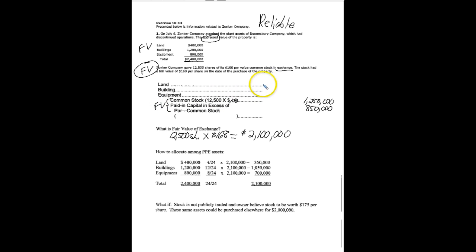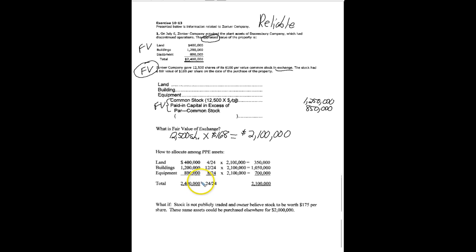Now, the second part of this problem is actually a different accounting issue. We have to take this $2,100,000 and divvy it out among these three assets. How do we do that? We use the appraisal value listed down here and the relative fair value approach. We actually did this back in chapters 7 and 8 with inventory.